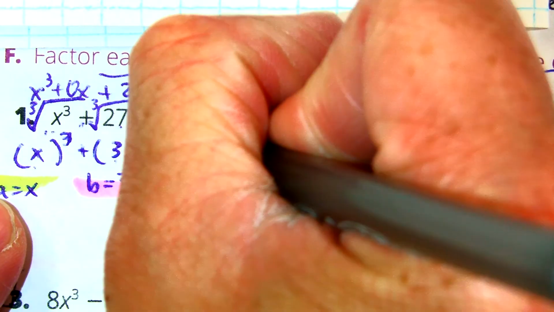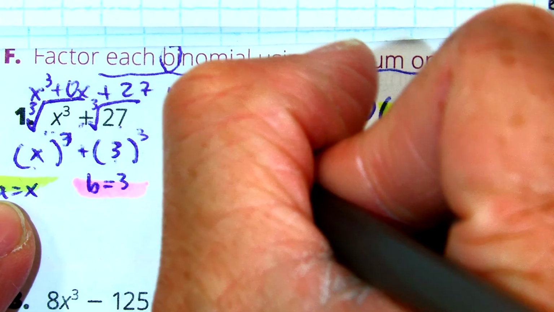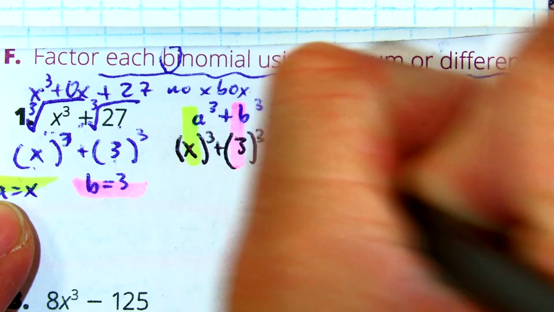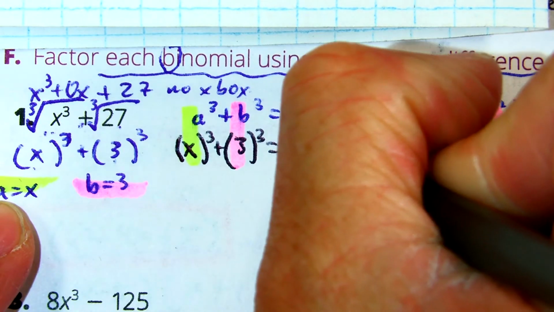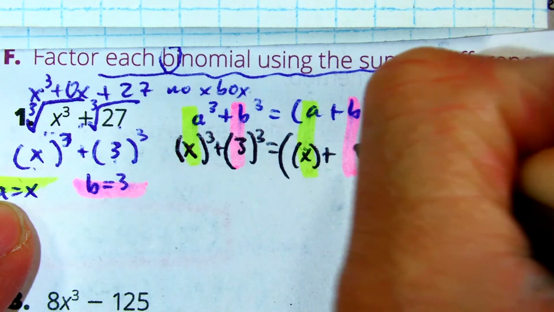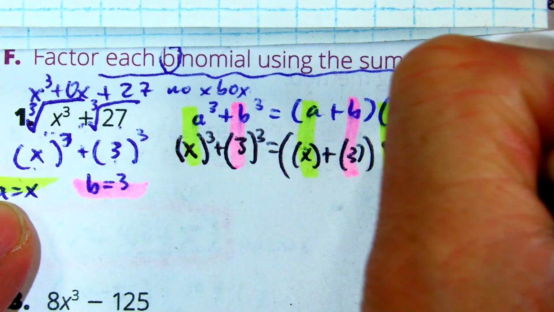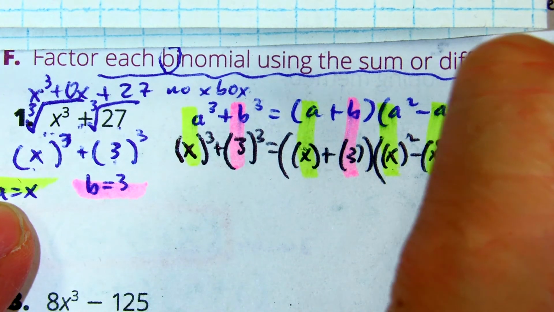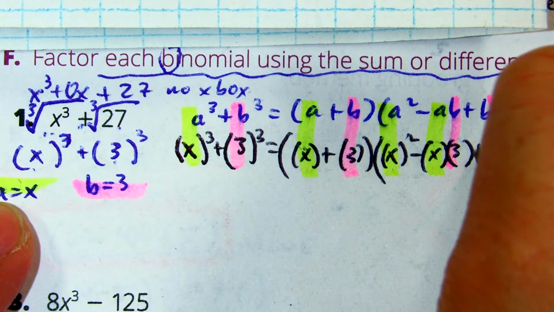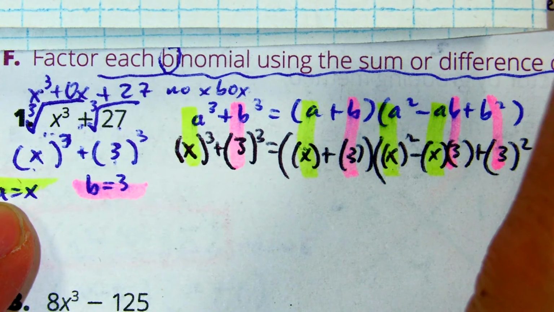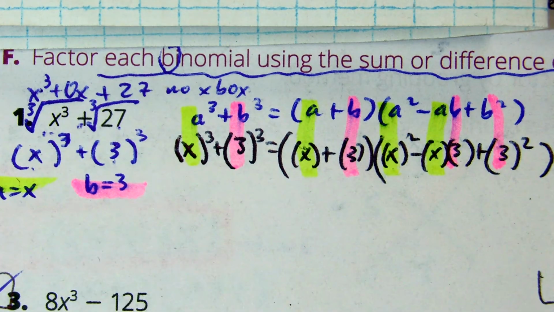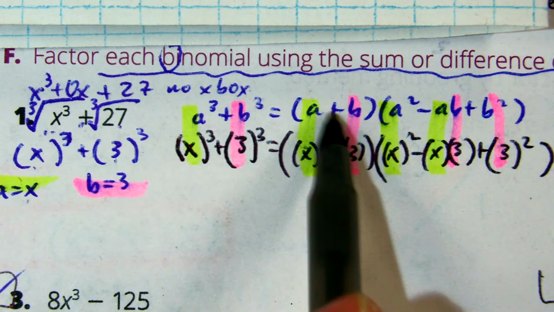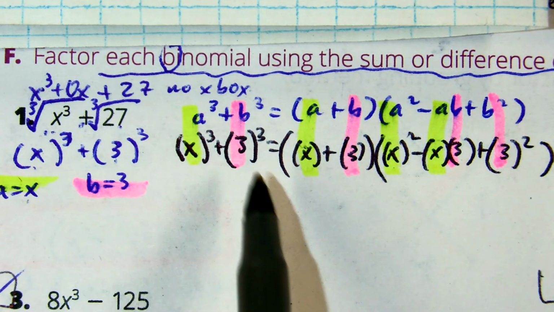Remember, in substitutions, you are using parentheses, super important. So there's my substitution. Every A value I'm putting in X, which is in yellow, and every B value I'm putting in a 3.